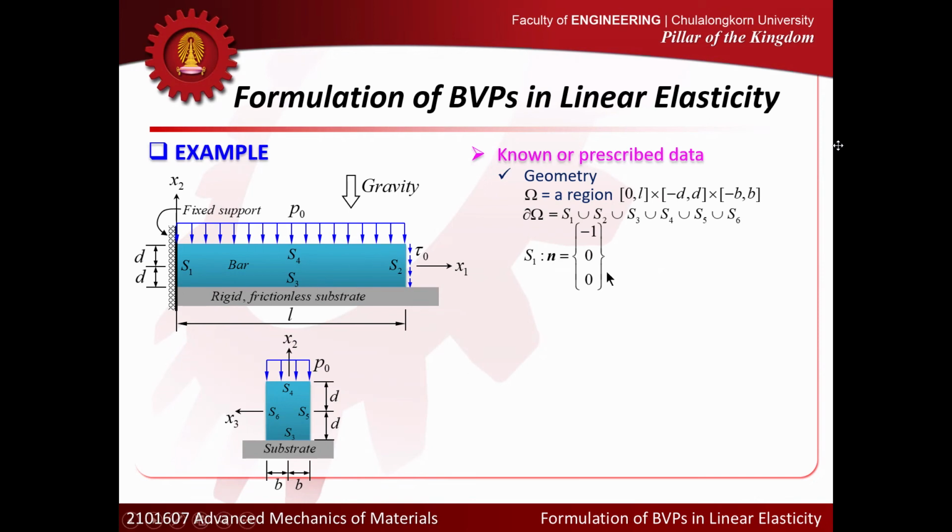The components here refer to the selected coordinate system, with x1 pointing in that way, x2 pointing up, and x3 normal to the plane. So the unit normal vector points in that direction. That is your n, the outward unit normal vector. In terms of components, based on the chosen coordinate system, n equals -1, 0, 0. That one is known a priori, from the geometry.